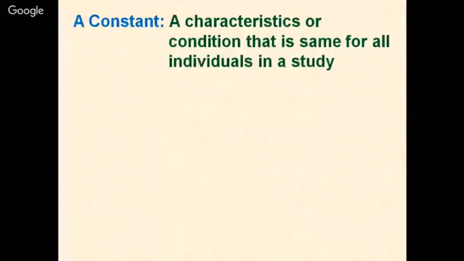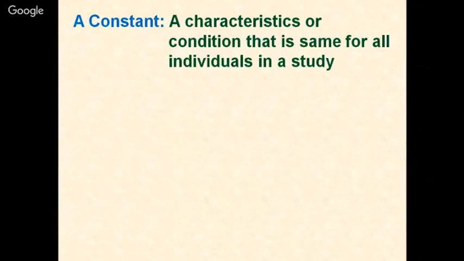Now, a constant is a characteristic or condition that is the same for all individuals in a study. For example, the effect of modularized instruction on achievement of students in cloud computing. In this particular example, for this study I will be using the experimental research method.